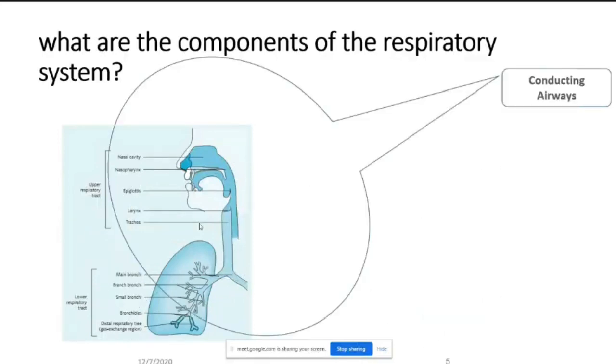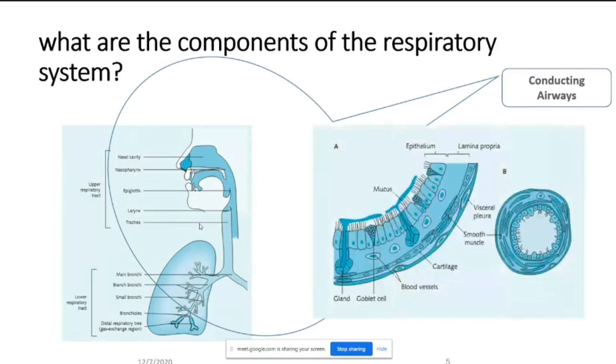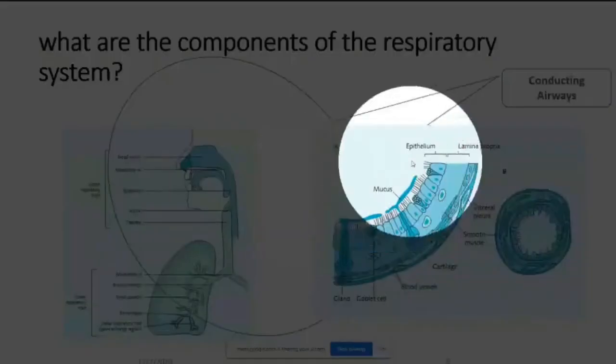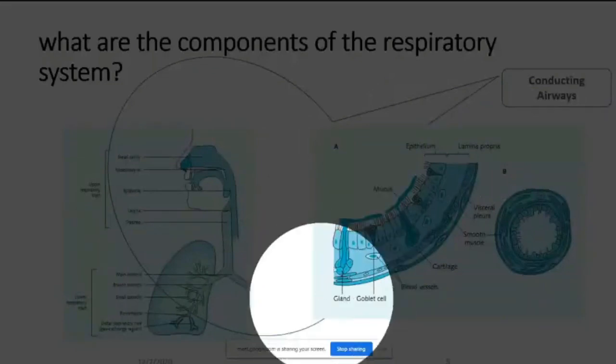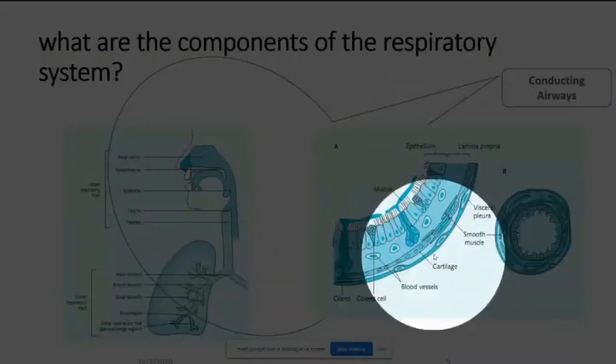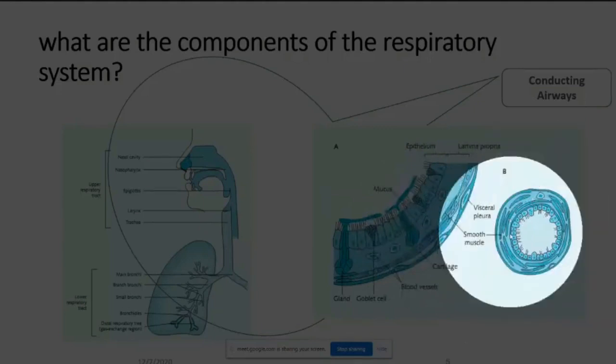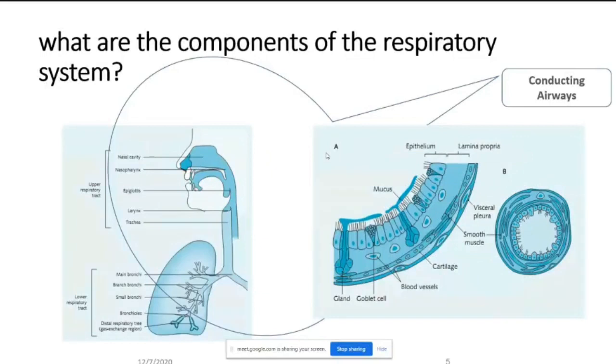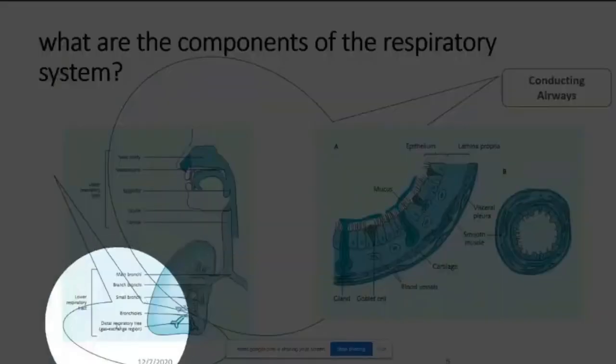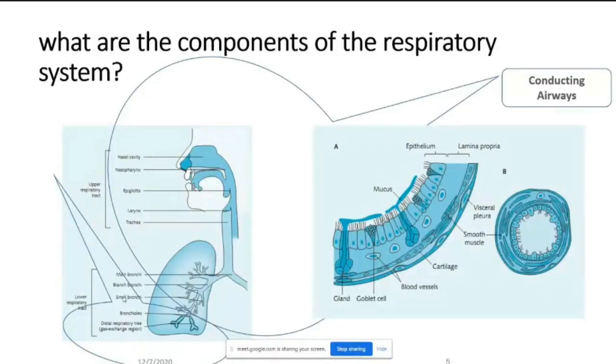So this is called the conducting airways, and the conducting airways lining is composed of epithelium, mucous membranes, goblet cells with the blood vessels, and essentially it contains smooth muscle within its walls. So this is the conducting airways. The second part, from the bronchioles and the distal respiratory tree, is called the respiratory zone, in which gas exchange will happen.